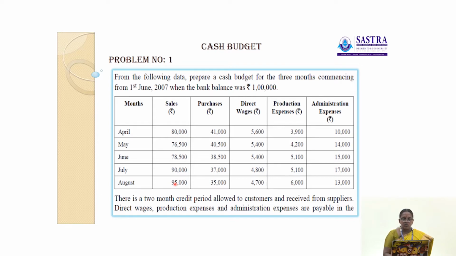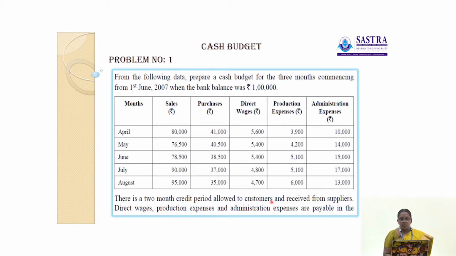And in the month of August, sales 95,000, purchases 35,000, direct wages 4,700, production expenses 6,000 and administration expenses 13,000. So sales, purchases, direct wages, production expenses and administration expenses information was given for April, May, June, July and August.